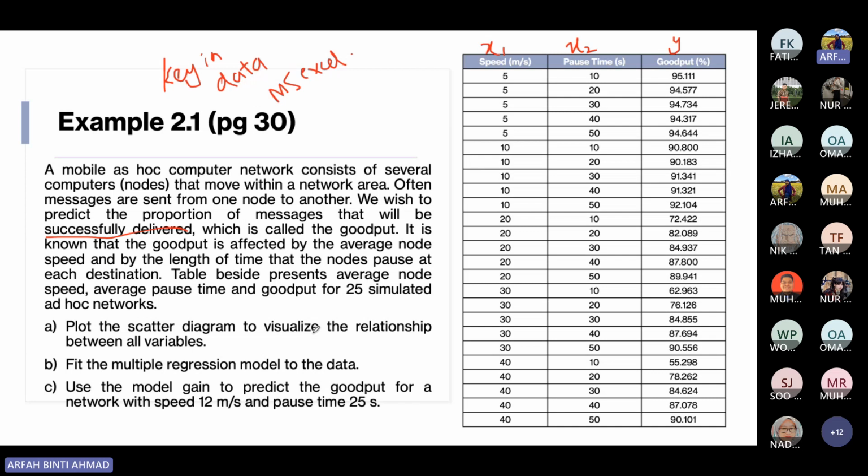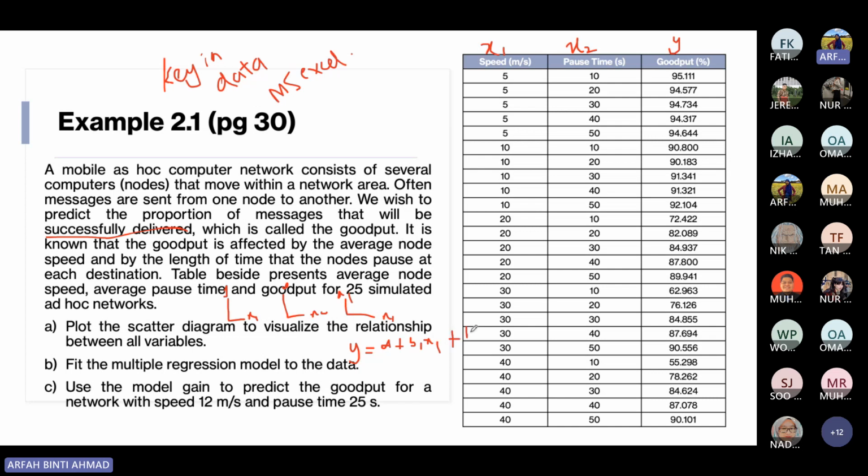plot the scatter diagram to visualize the relationship between all variables, meaning that we are going to plot the scatter diagram of x1 versus y, and then x2 versus y, as well as x1 versus x2, and then fit the multiple linear regression model. So the second question is, what will be your y? y equals a plus b1 x1 plus b2 x2.